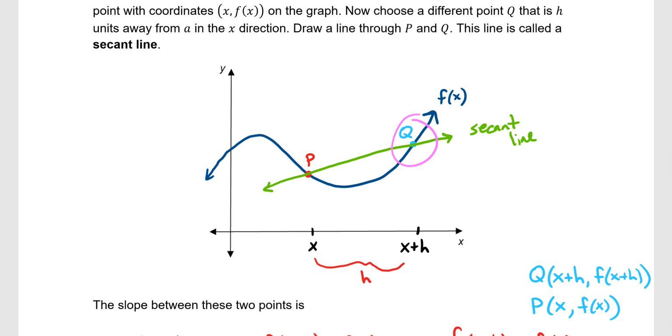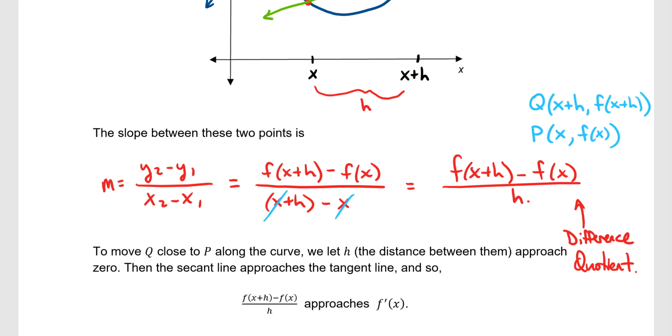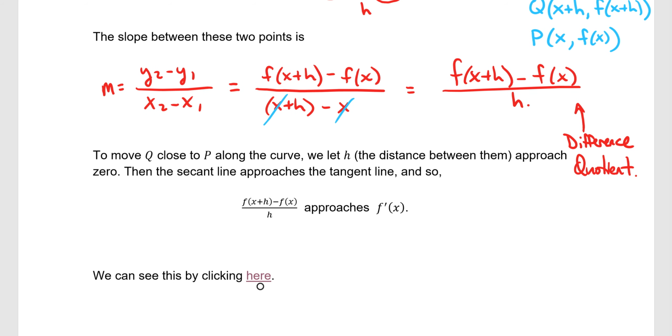So what we're going to do is we're going to be moving point Q closer and closer to point P, and the secant line is going to be moving with it, and P is going to remain the same. So what's going to happen is that as Q gets closer and closer to P, h, the distance between them, is going to be approaching 0, right? If Q is approaching P, the distance between them is going to be approaching 0.